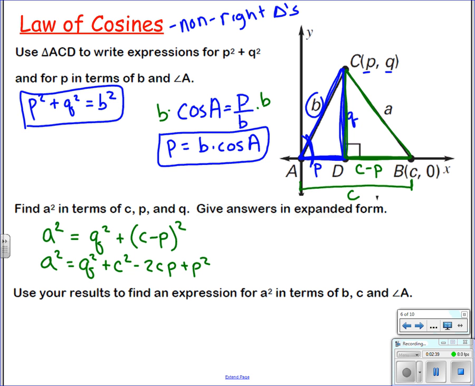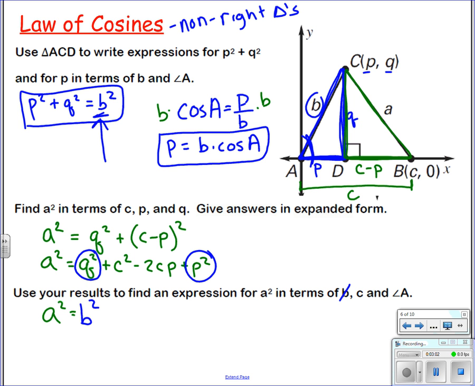So now we want to use our results to find an expression for A squared in terms of B, C, and angle A. Well, let's look at this. Q squared plus P squared is B squared. So that's going to be B squared.